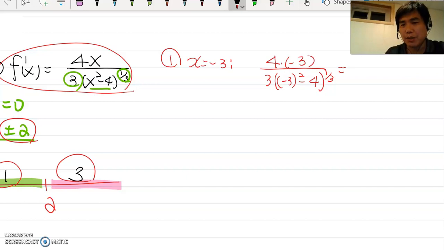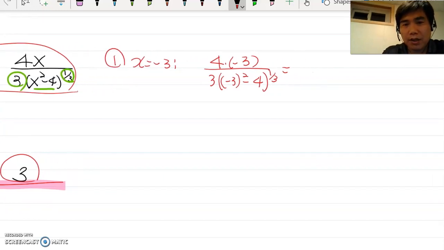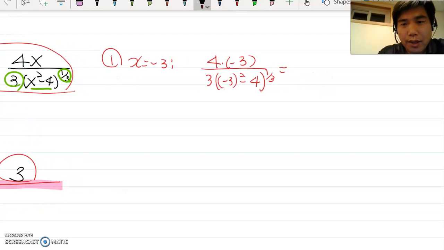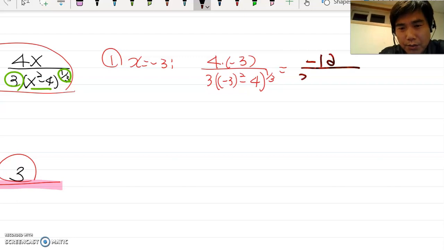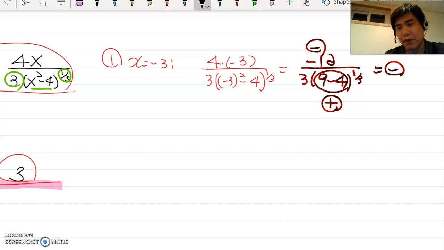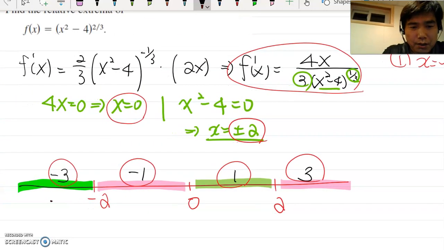That's the key point here. As long as you know the sign, either positive or negative, then that's it. So this becomes negative 12, and this becomes 9 minus 4 to the 1/3 power, so this is positive, the numerator is negative, so the total becomes a negative slope. Okay, so I'm going to put negative here.